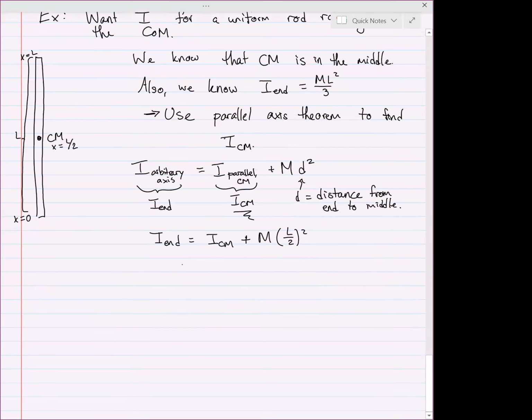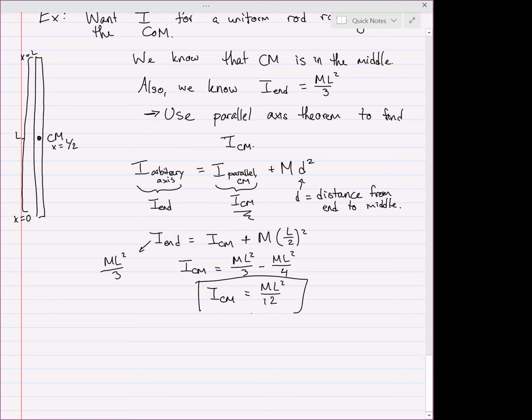And so we can rearrange. The moment of inertia about the center of mass is mL squared over 3, remember, minus mL squared over 4, from subtracting this over to the other side. We can simplify and we get that the moment of inertia about the center of mass is mL squared over 12.